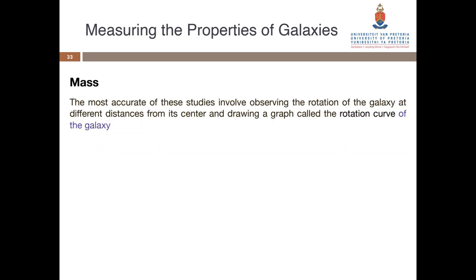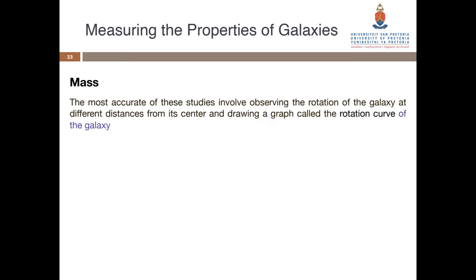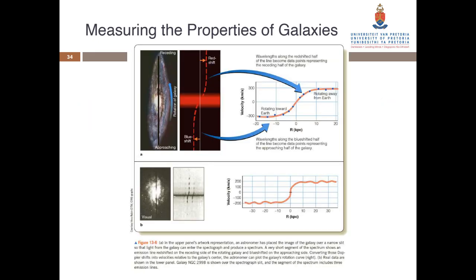So one last region remains to be explored, and that is what lies in the center of galaxies. Our Milky Way galaxy contains a 4 million solar mass black hole at its center. So do all galaxies contain similar objects?